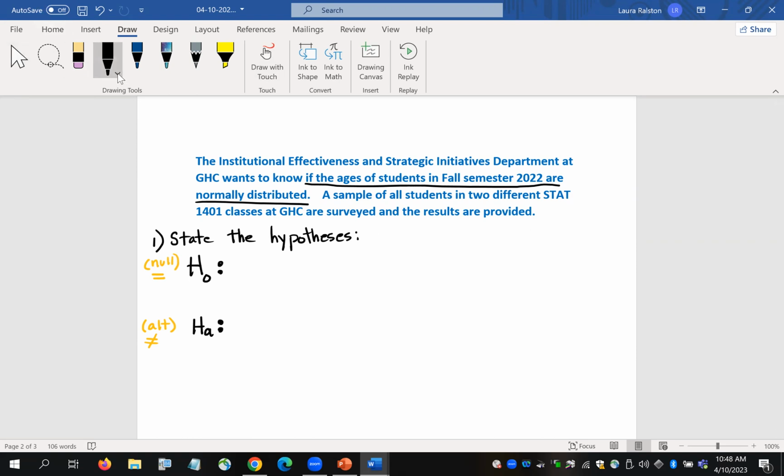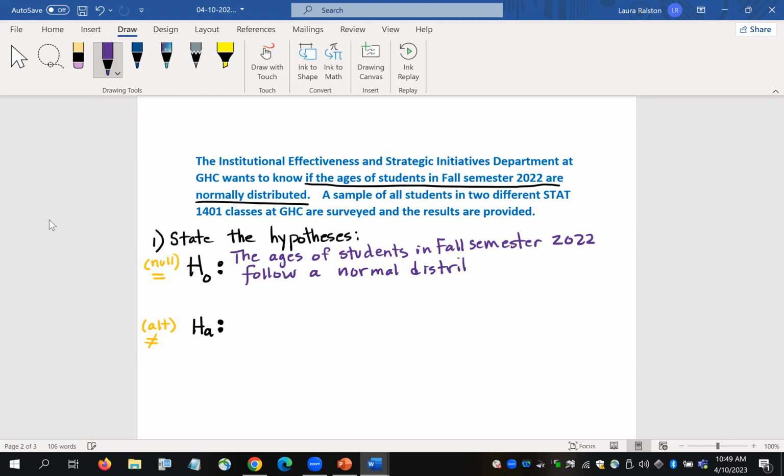The null hypothesis will be the ages of students in fall semester 2022 follow a normal distribution.